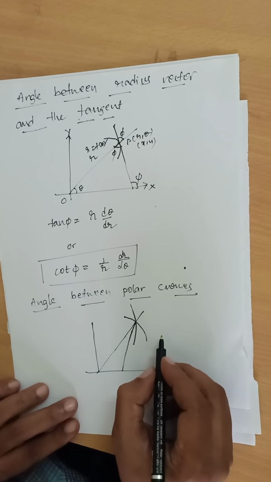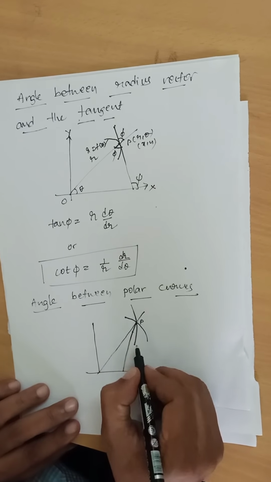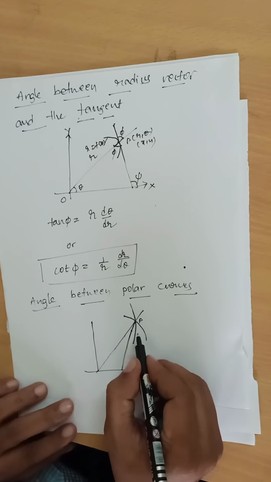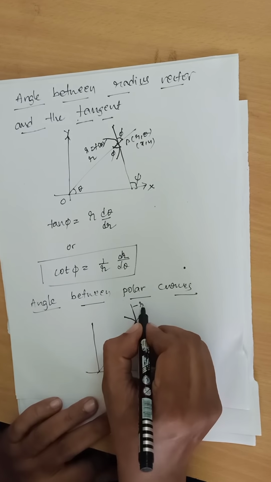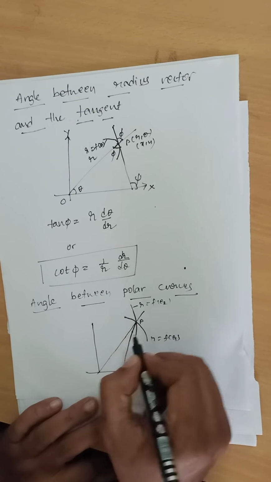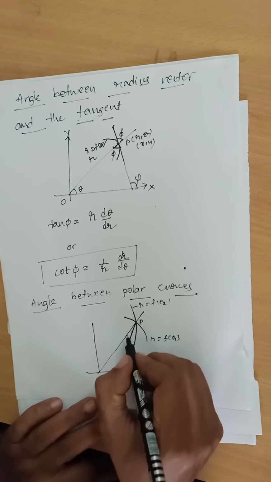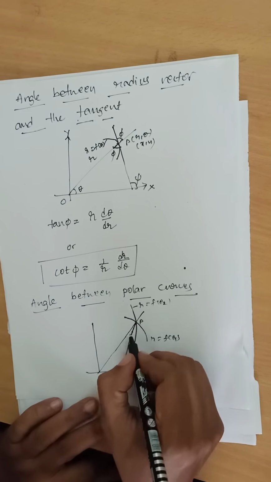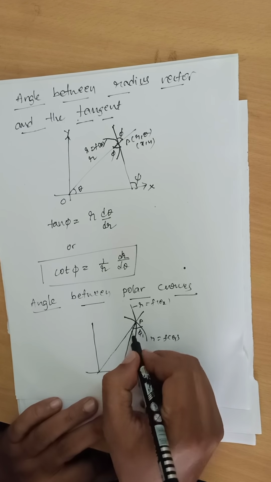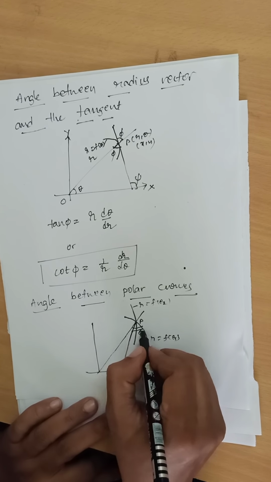This is point P. Two polar curves are there: r is equal to f of theta 1 and r is equal to f of theta 2. They make angles phi 1 and phi 2.